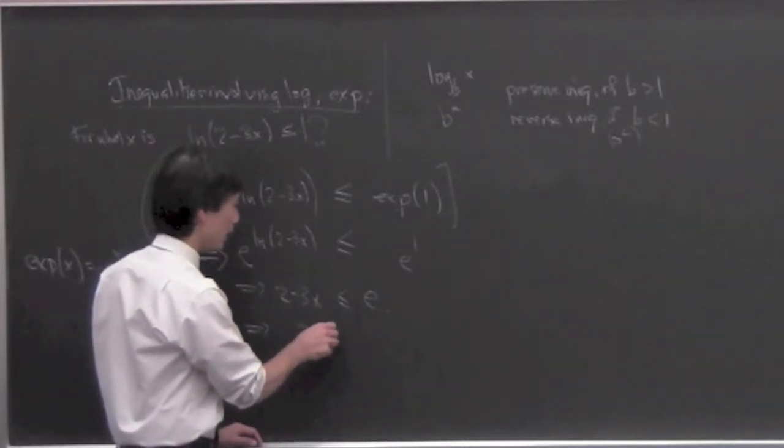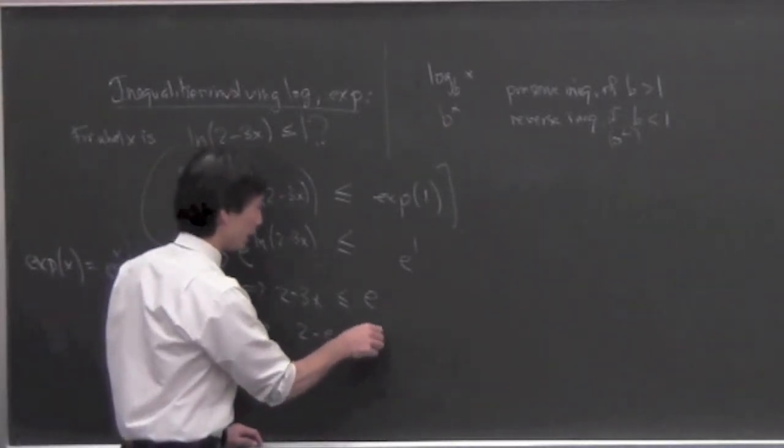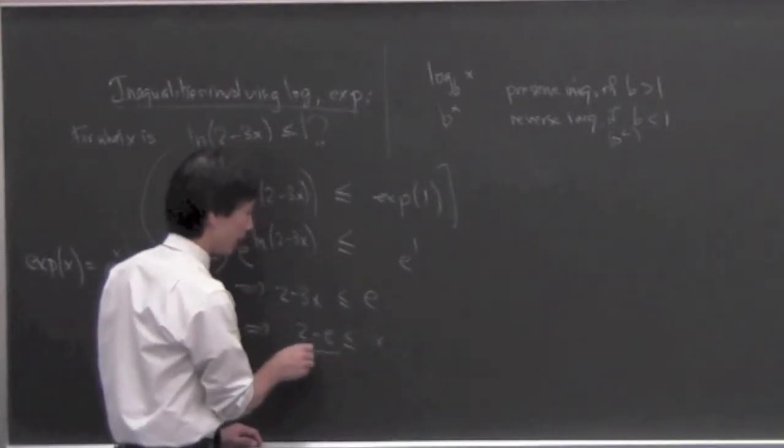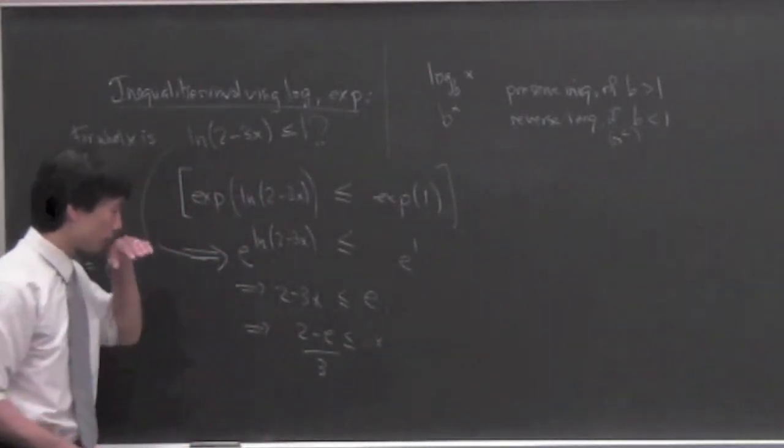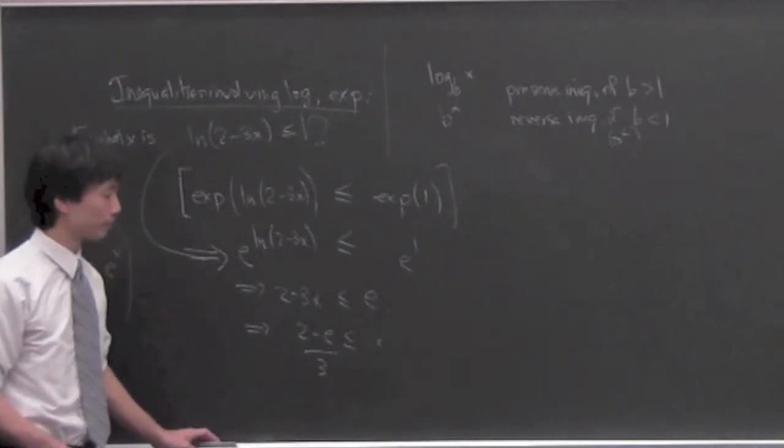We see that 2 minus e must be less than or equal to 3x. Dividing both sides by 3, we get that x must be greater than or equal to (2 minus e) over 3.